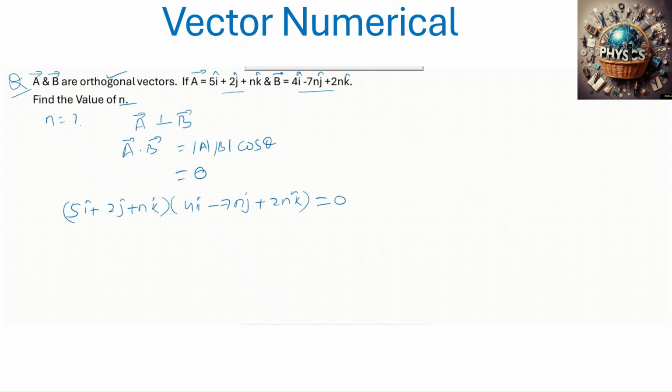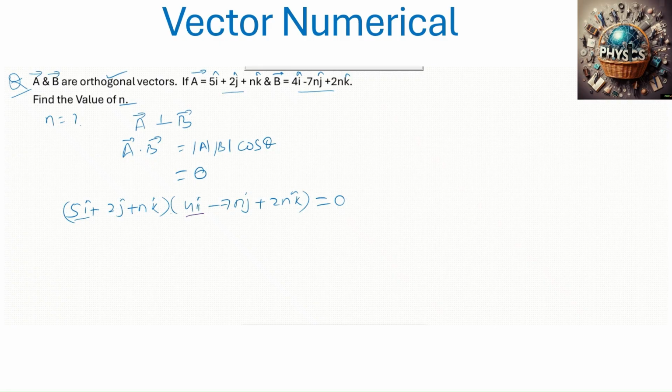So in case of dot product, as we know, the unit vectors along the x direction have the angle equal to 0. So 5 into 4 we need to consider.